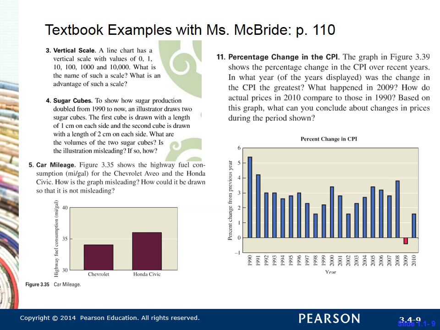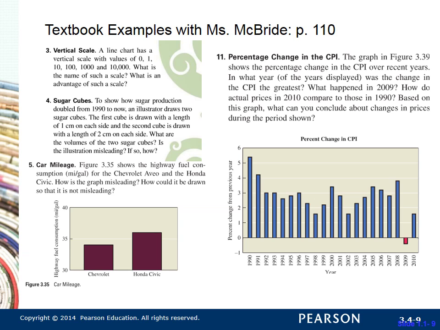My cost was less. So how do actual prices in 2010 compare to those in 1990? So if I go over to 1990, it looks like my percent change from the previous year was about 5.5%. And if I look at 2010, from the previous year, it's a positive about 1.8 plus that negative 2. So if I add those two together, my price has increased about 0.2 plus 1.8, so about 2%. So from the year before.